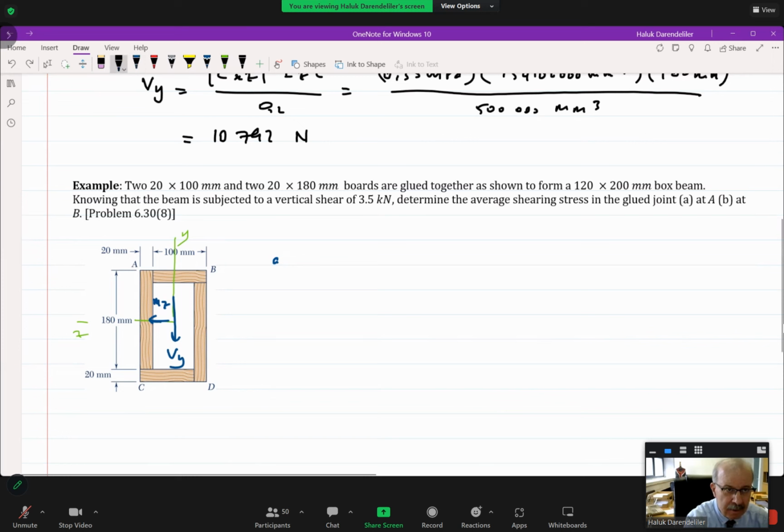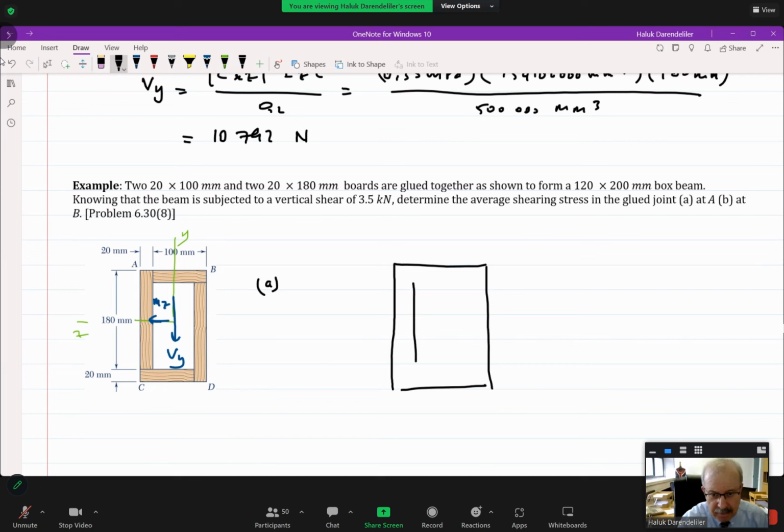Now, for A, I am redrawing this figure. Now, this is the cross section, right? Like this. It is a box beam. However, the connection is a little bit different than the previous problem.